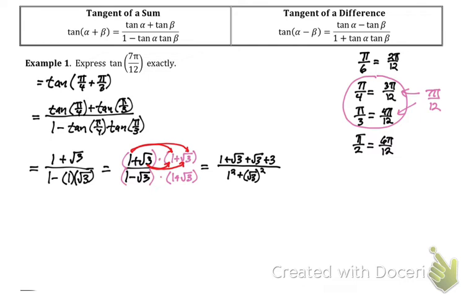What's 1 squared? 1. What's 1 minus 3? Negative 2. Okay, so on the top we have a 1 plus 3, which is 4. Square root of 3 plus square root of 3 means you have 2 square root of 3s. And that's all over negative 2.